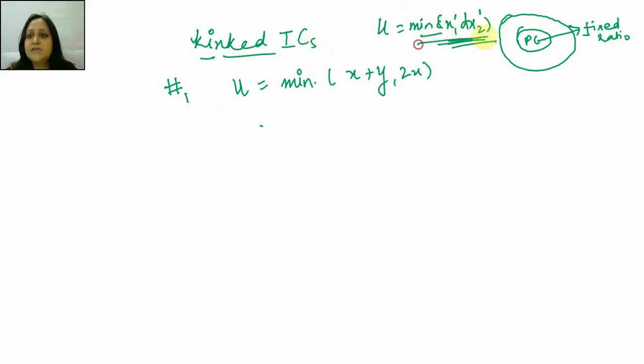Perfect complements के लिए ये वाला form satisfy होना has to be there. मतलब it's not important, it has to be there. अगर ये वाला form satisfy नहीं हो रहा है तो वो perfect complement नहीं है. So any kinked IC may or may not be perfect complement, but perfect complements are definitely kinked ICs.